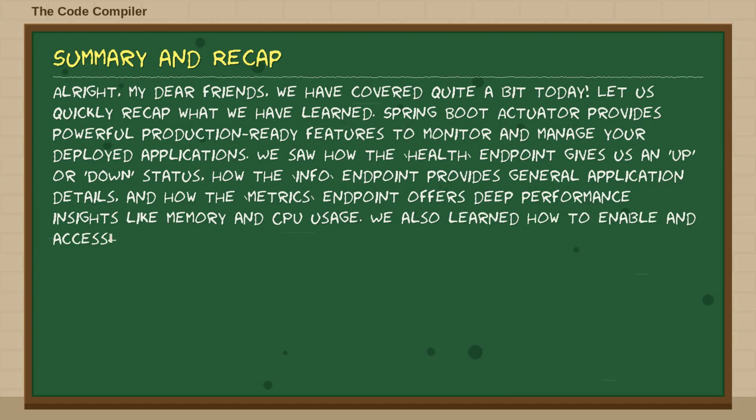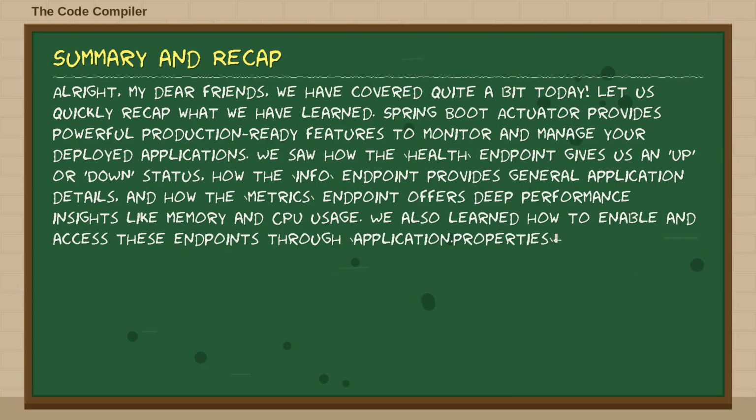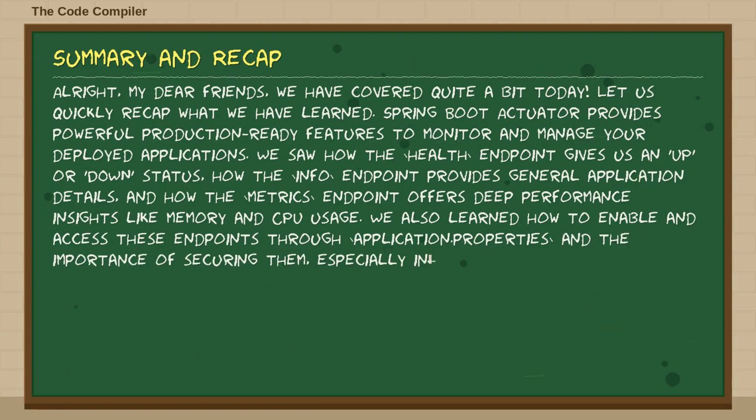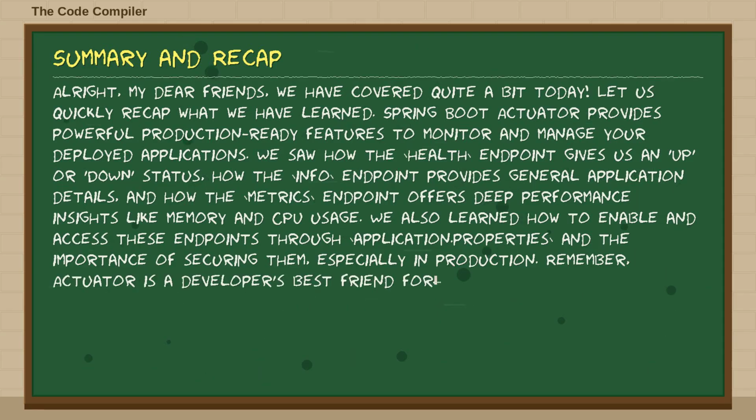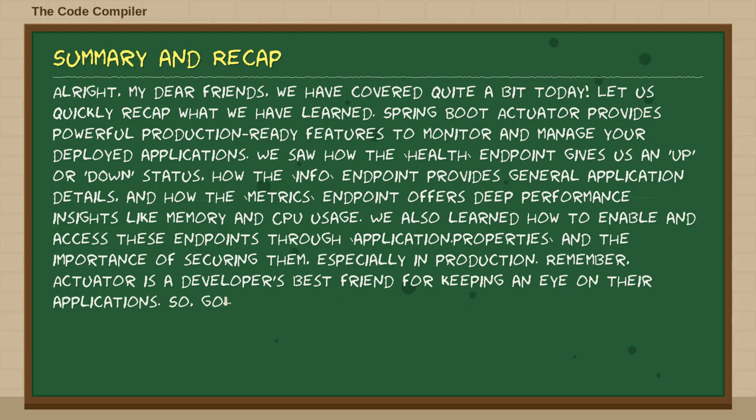We also learned how to enable and access these endpoints through application.properties and the importance of securing them, especially in production. Remember, Actuator is a developer's best friend for keeping an eye on their applications.